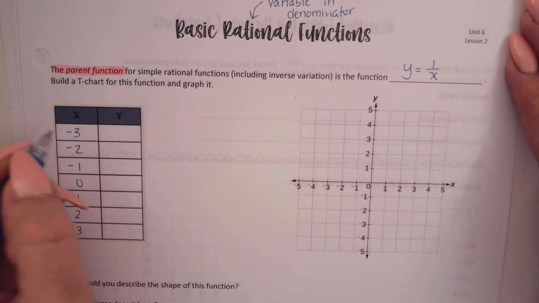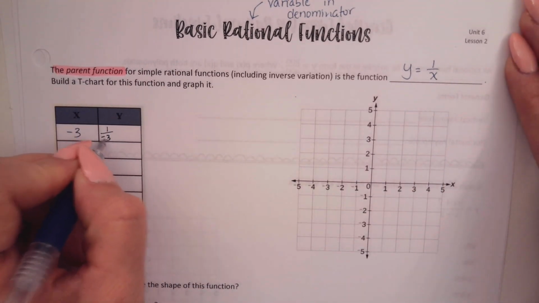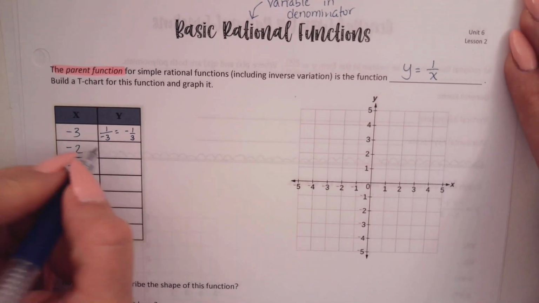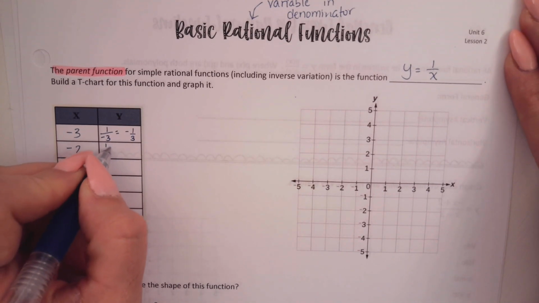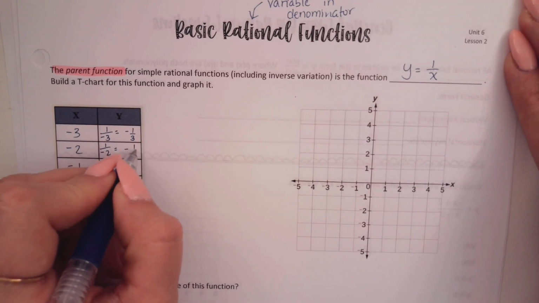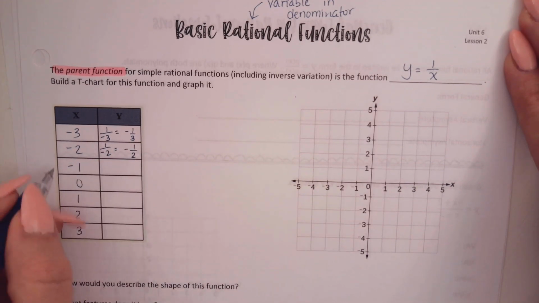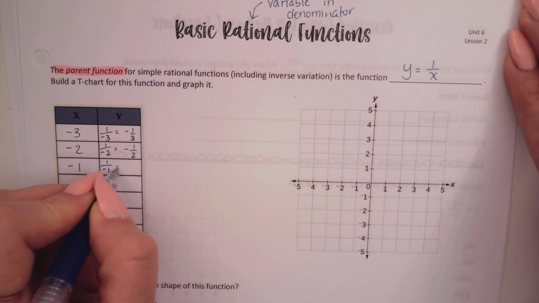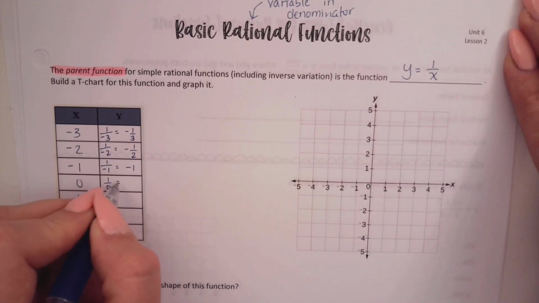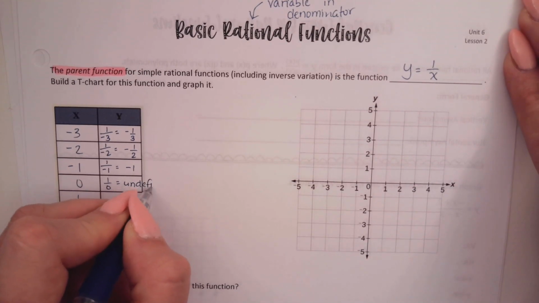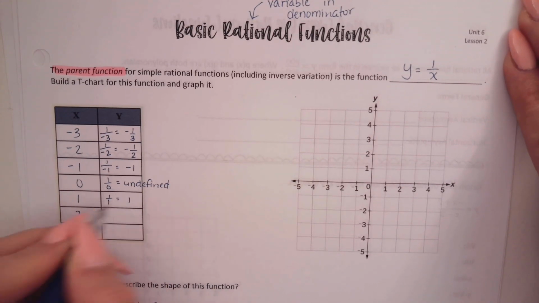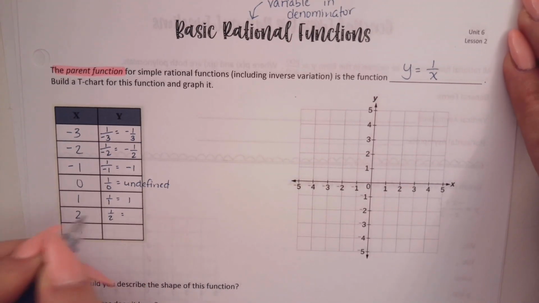So again, if we're making ourselves a table to graph, we're plugging in for the denominator. If I plug in 1 divided by -3, that's just -1/3. 1 divided by -2 would be -1/2. 1 divided by -1 is -1. 1 divided by 0 is undefined, right? 1 divided by 1 is 1. 1 divided by 2 is 1/2.